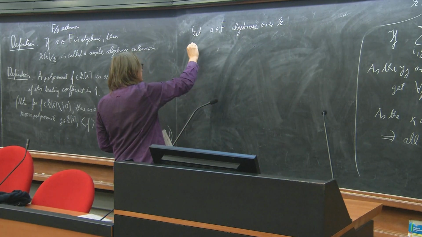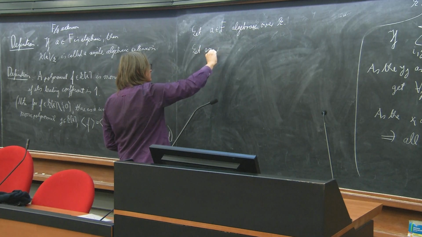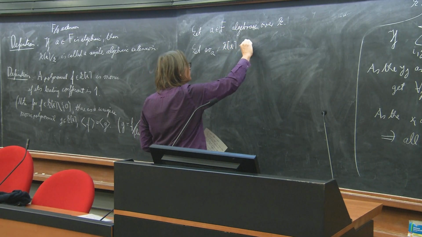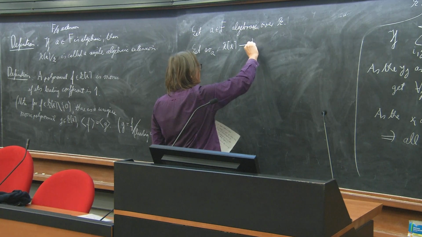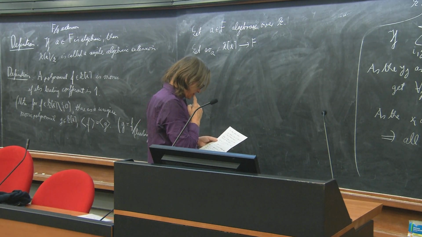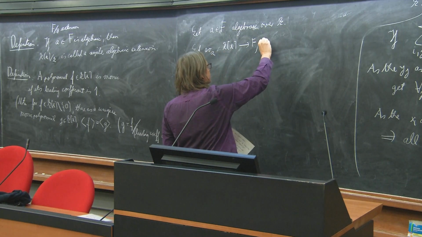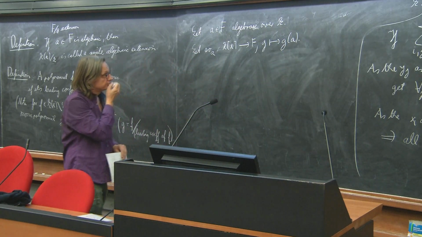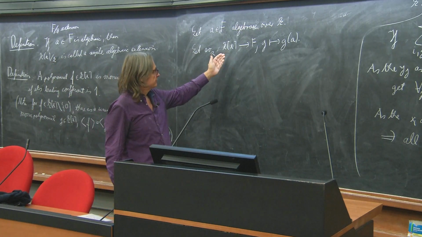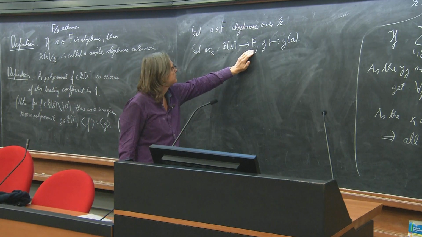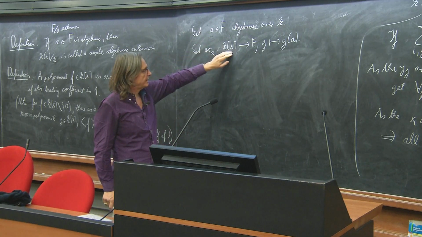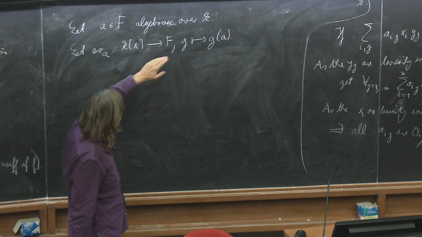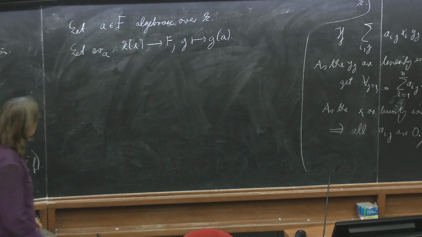So let's look at the evaluation homomorphism from K[x] to F, which sends any polynomial g to g evaluated at A. This certainly goes from K[x] to F, because A is in F. If I just replace the variable x by A, I get some polynomial expression in A with coefficients in K, and this will be some element in F. And it's a homomorphism.